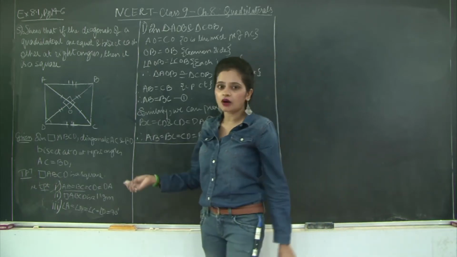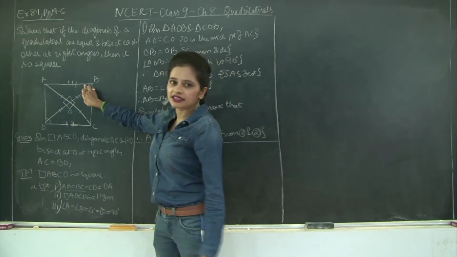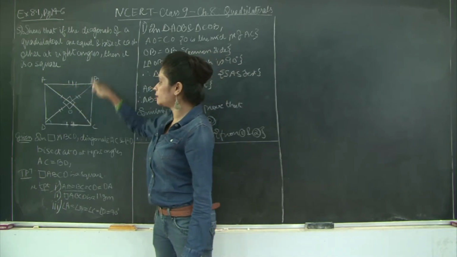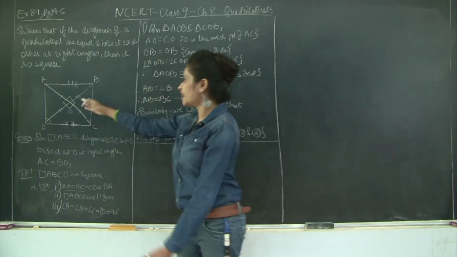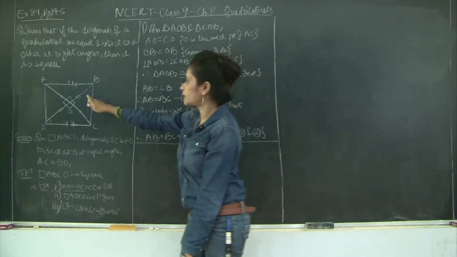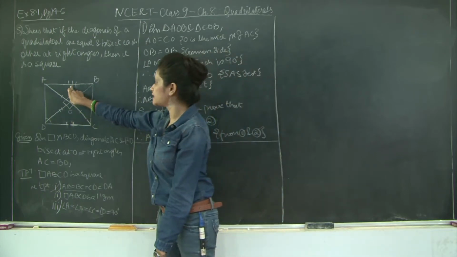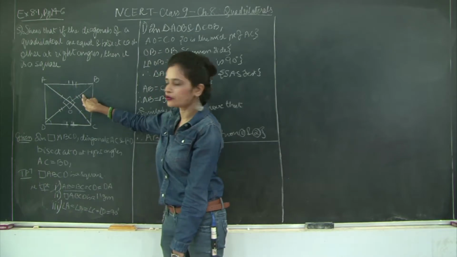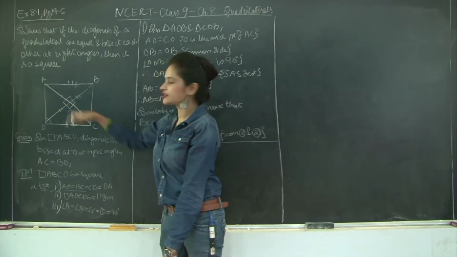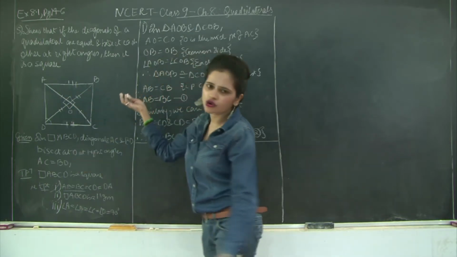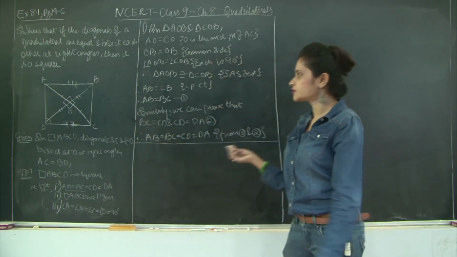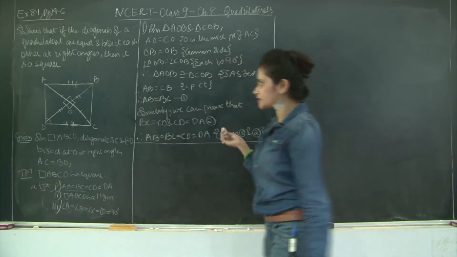So let's see how we are going to prove this as an alternate angle. If you notice triangle AOB and triangle COD, everything is given over here. You can prove these two triangles congruent by the side angle side test of congruence.